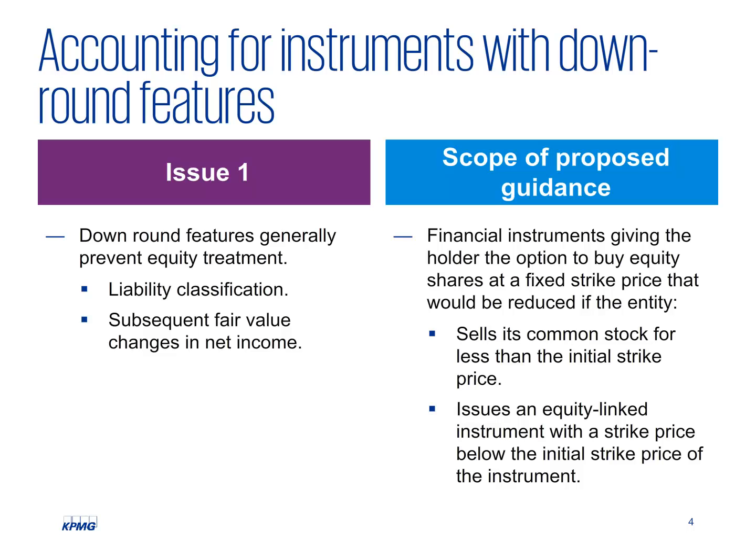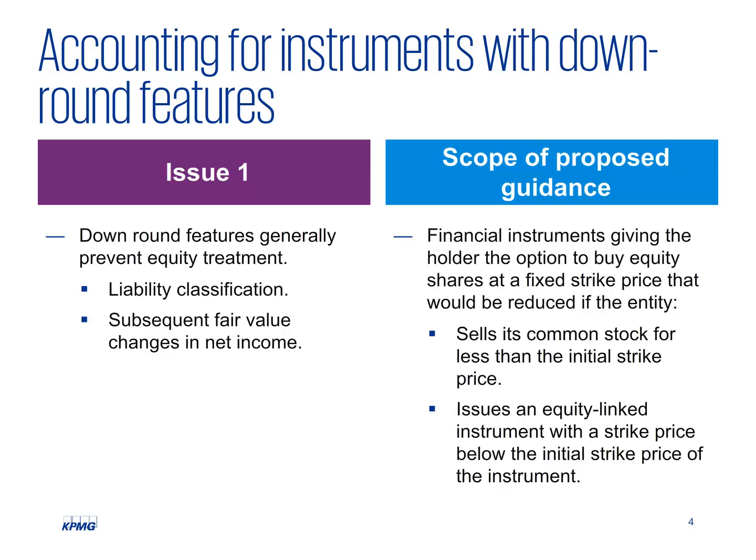Before we discuss what the FASB decided, let's clarify the types of instruments that are covered by this decision. The instruments that will be affected by the proposed guidance will be any financial instrument issued by an entity that gives the holder the option to buy equity shares of the issuer at a fixed price, where that fixed price would be reduced contingent on either one of the following events.